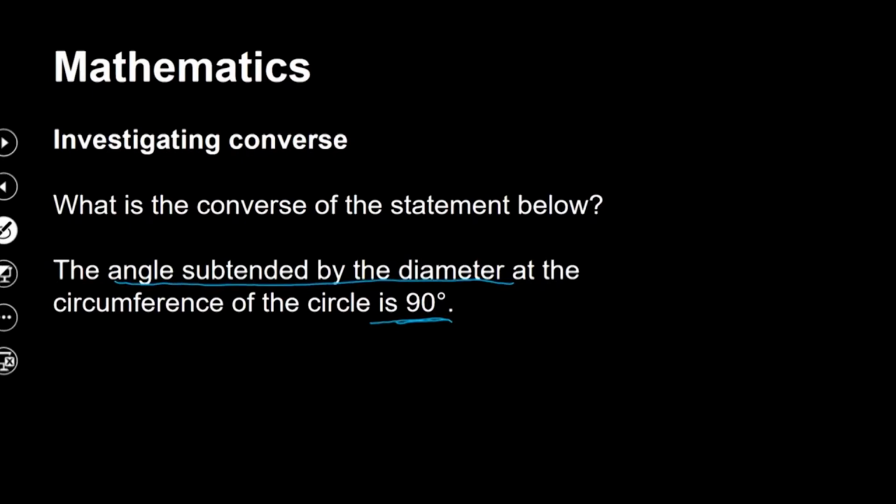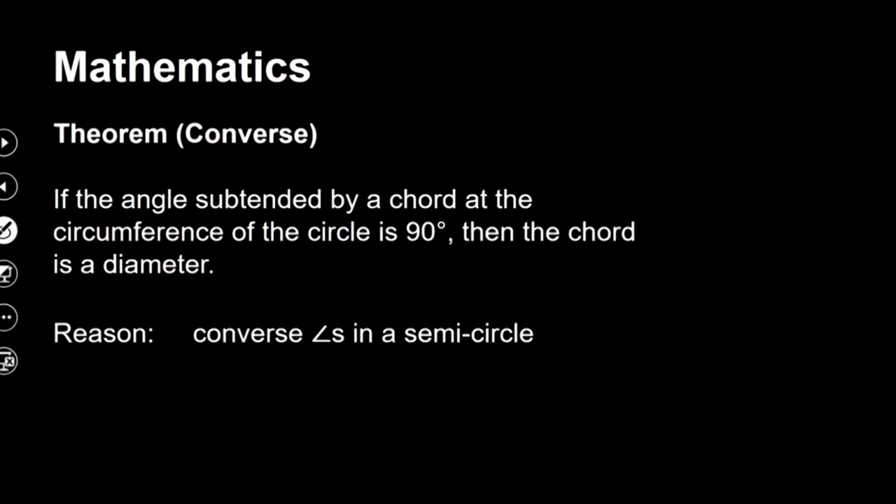It means that if the angle is 90 degrees at the circumference, then it is subtended by the diameter. So that's what the converse is about. If an angle subtended by a chord at the circumference of the circle is 90 degrees, then the chord is a diameter. And my reason will be converse, angle in a semicircle.